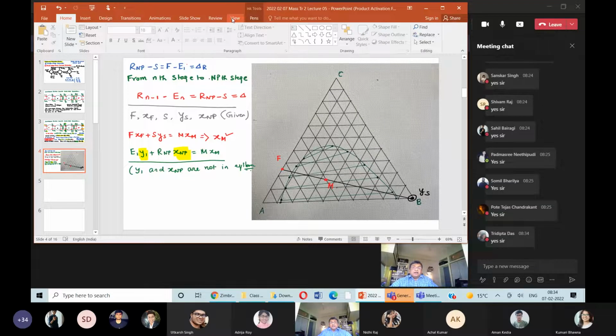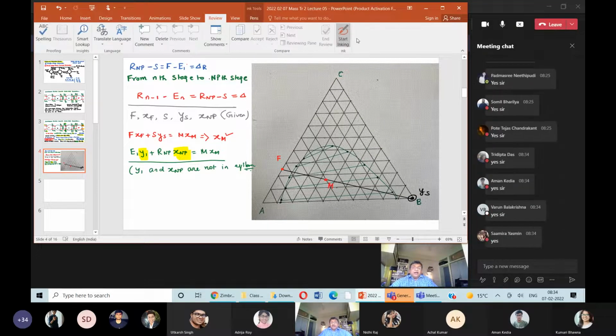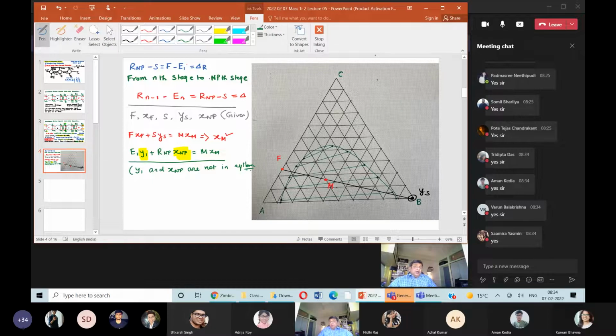The critical thing to observe here is Y1 and X_NP are not in equilibrium. However, there is an advantage. And that is the reason I told you, you will understand why it needs to be specified. Therefore, X_NP needs to be specified. Otherwise, you cannot draw the E1 R_NP line from the graph.